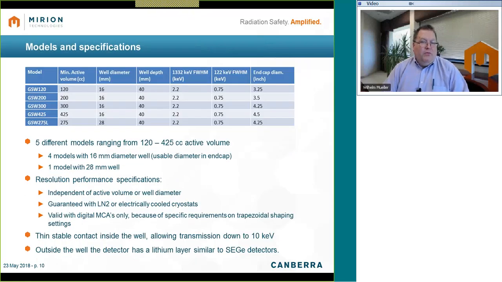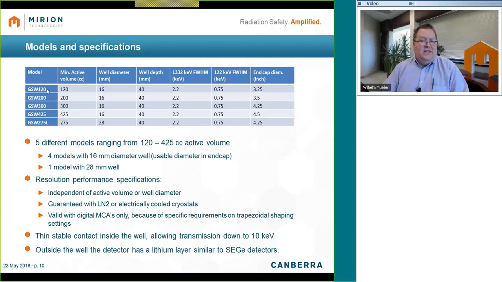Before we get into those extra details, I'd first like to go over the range of detectors that we offer within this product line. The SAGe well detectors are indicated in this table here. The model number indicates GSW, which indicates the SAGe well geometry, and the number after represents the approximate volume of that particular detector. So we offer ranges from GSW 120 up to GSW 425.